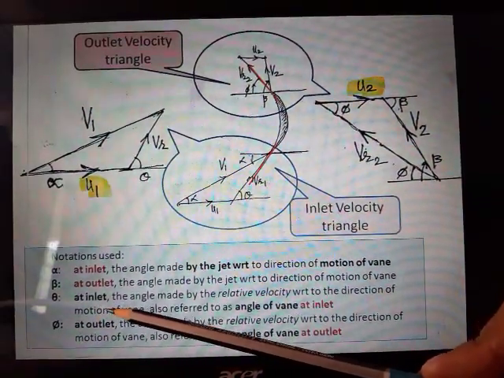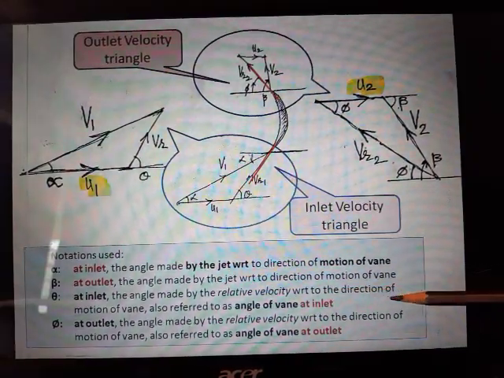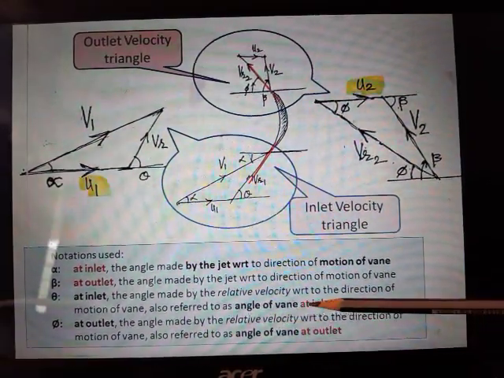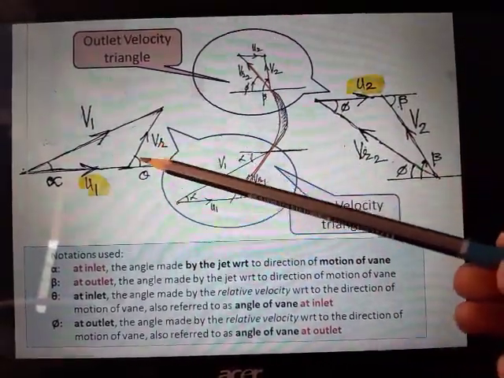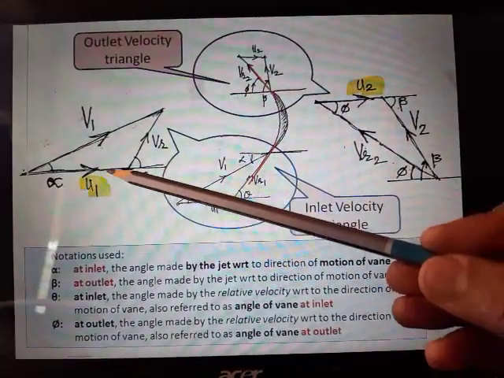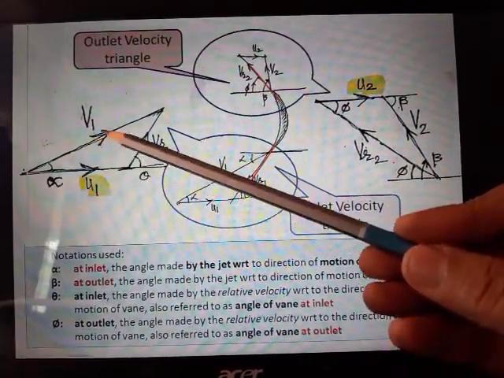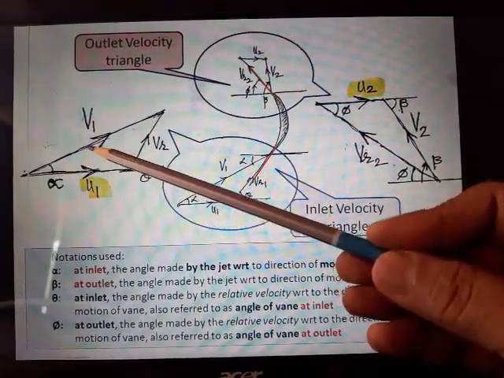Theta is at the inlet, again the angle made by the relative velocity with respect to the direction of motion of the vane, also referred to as the angle of vane. So in this triangle, apart from the horizontal side, which represents the vane velocity, we have two sides. Already we have seen that this is the velocity of the jet.